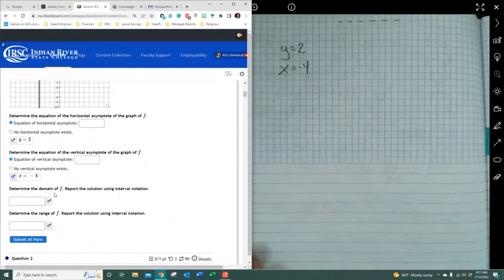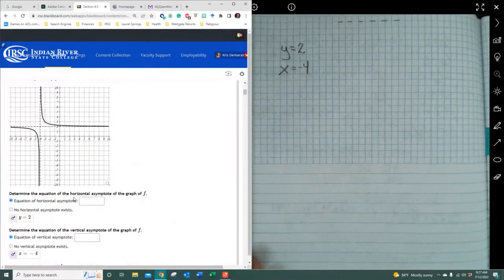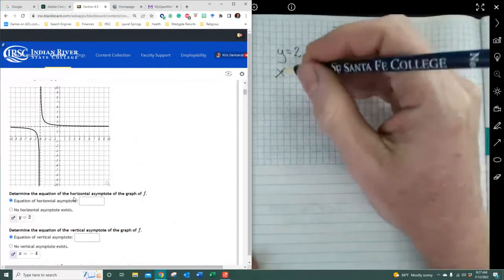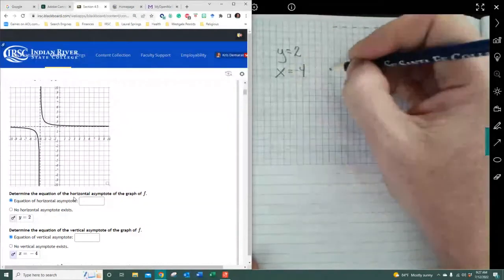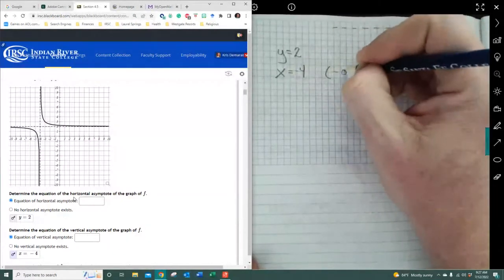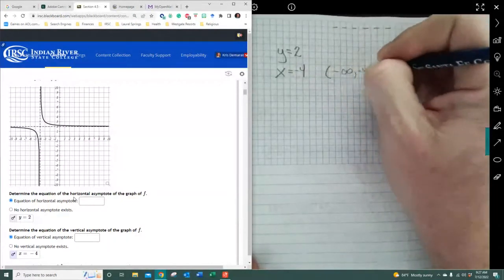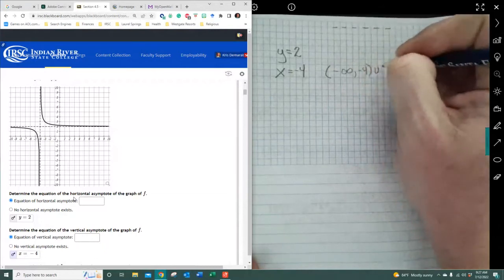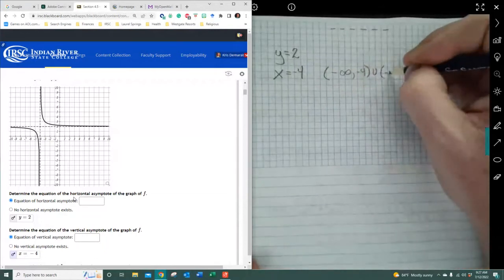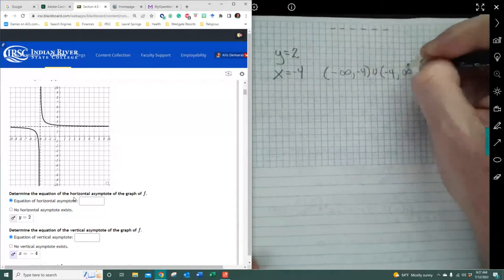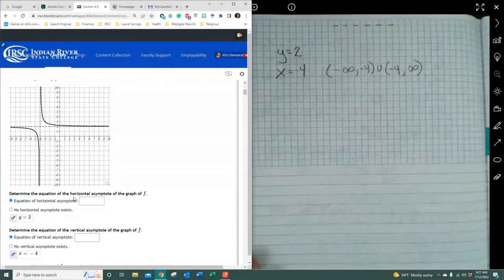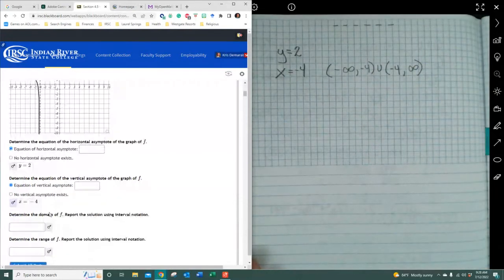Determine the domain. Now, domain is restricted based off of the vertical asymptote. So if the vertical asymptote is at -4, the domain in interval notation will be from -infinity all the way up to -4, and then jump over that -4. We've talked about how to write interval notation before. So there's our answer.